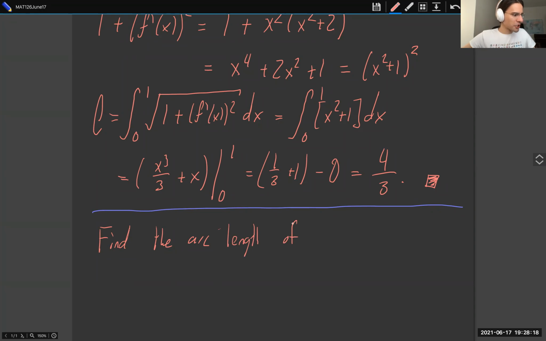Now let's consider the function f of x is the logarithm of cosine of x. Over, now I specify the bounds over which we're integrating, 0 to pi over 6.